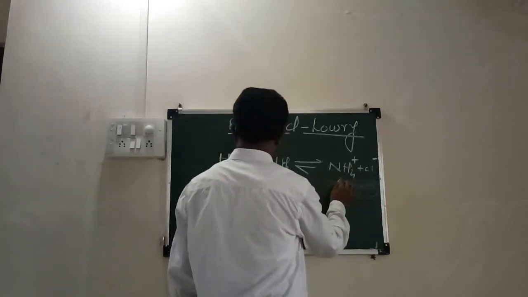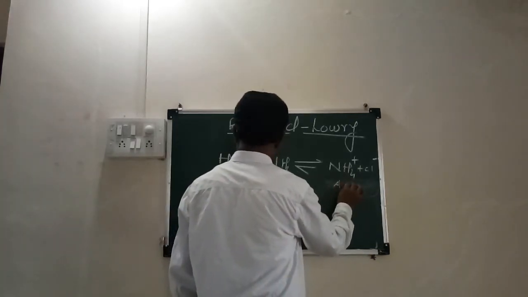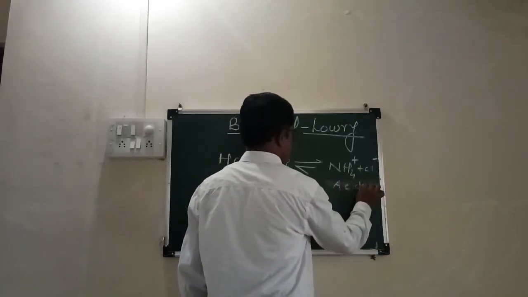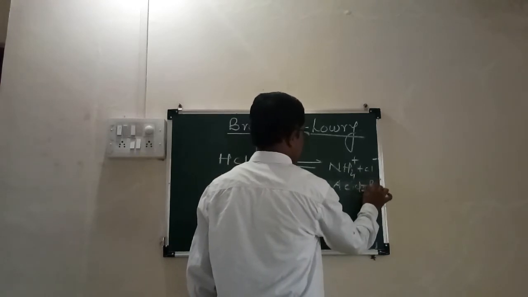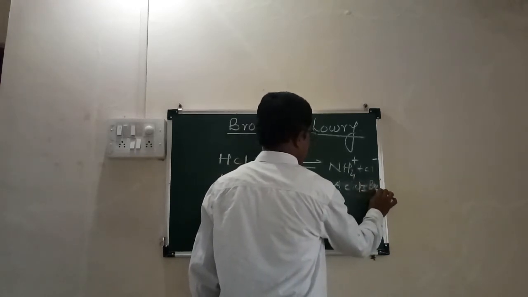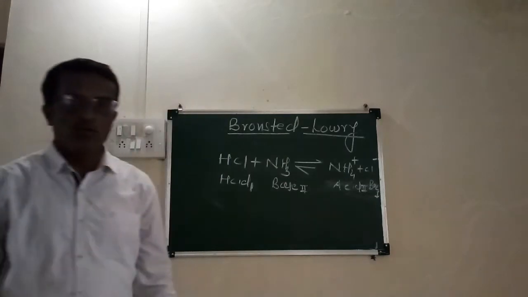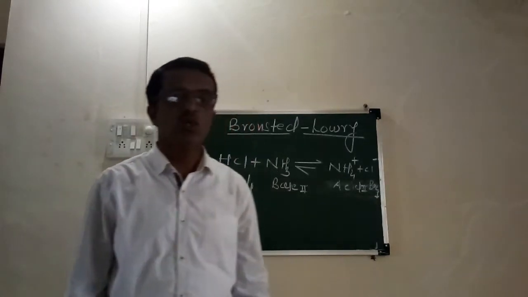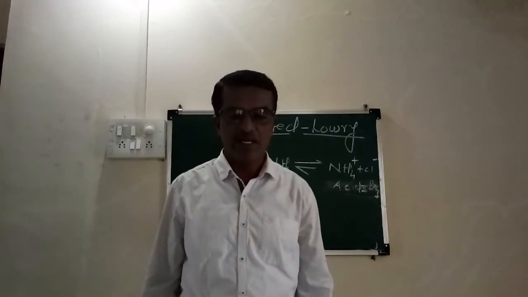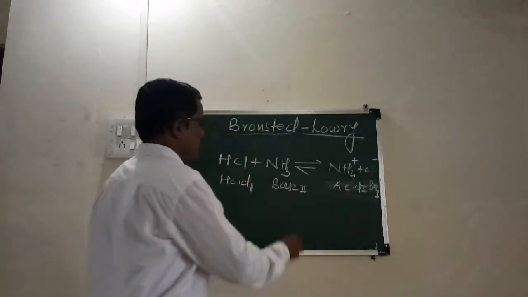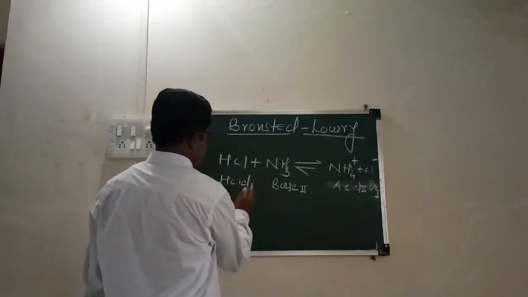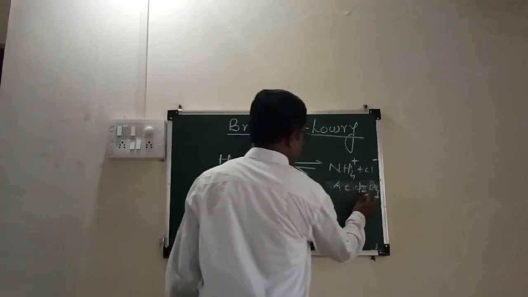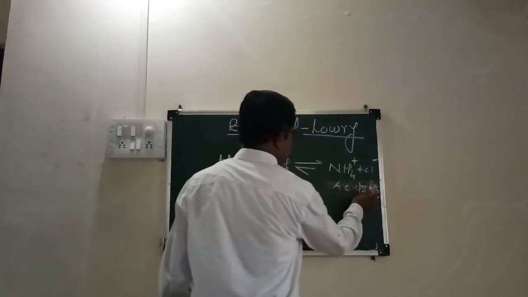This is again known as acid second, and this is base first. Now this pair of an acid and base is known as the conjugate acid base pair.